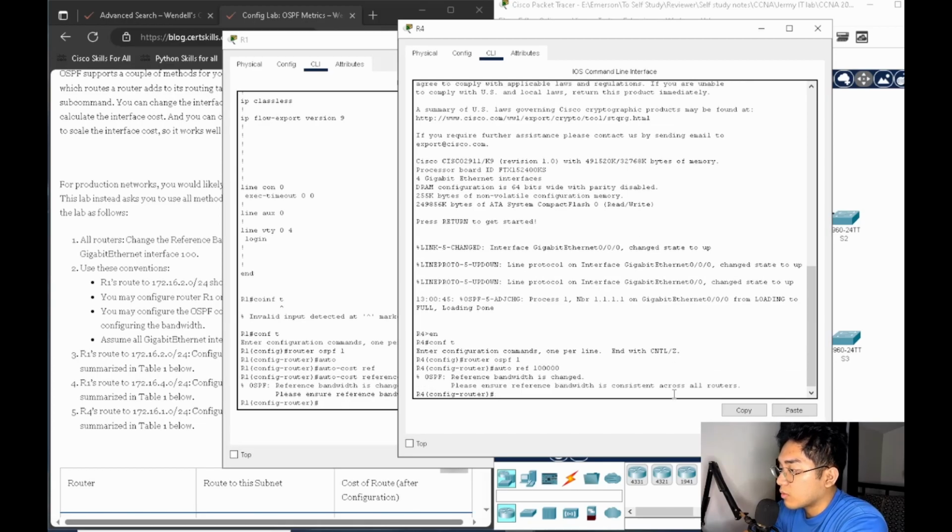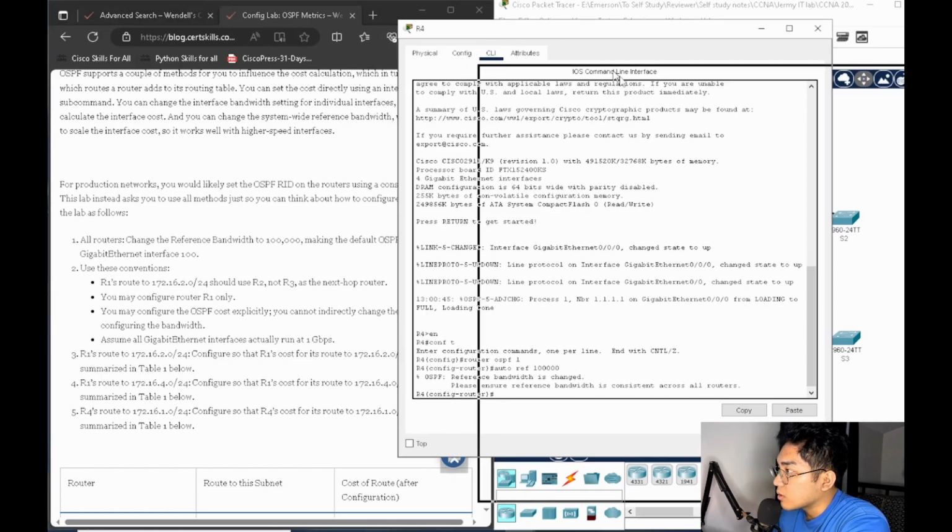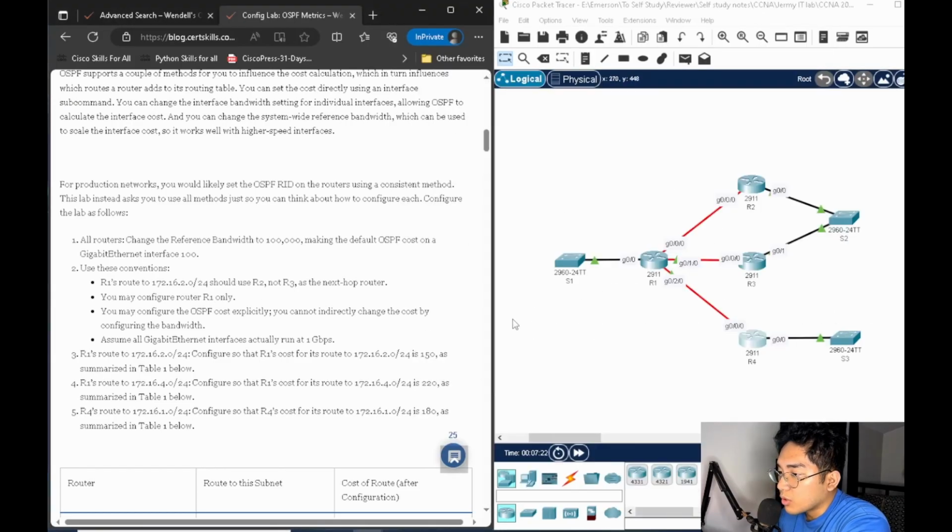Finish configuring step 1. Step 2 is this. I configure R1, since we only need to configure R1.